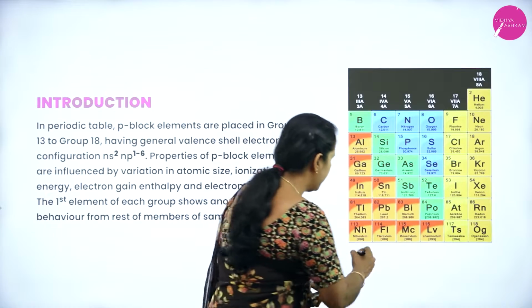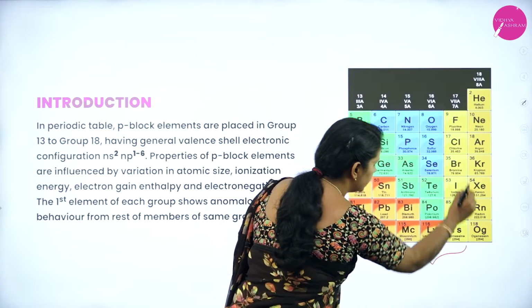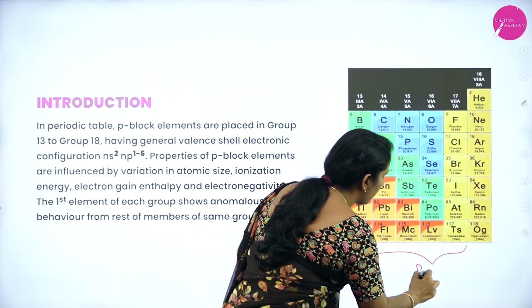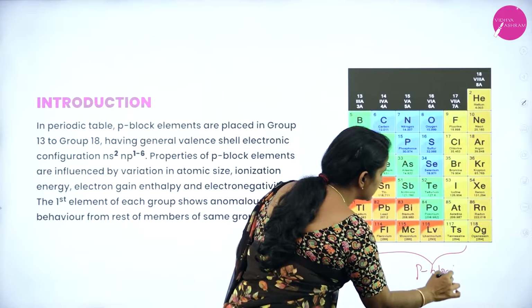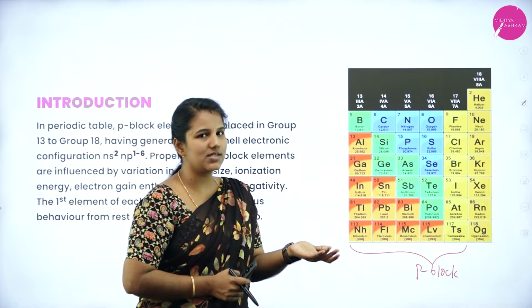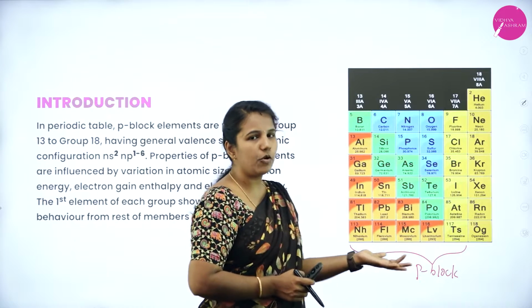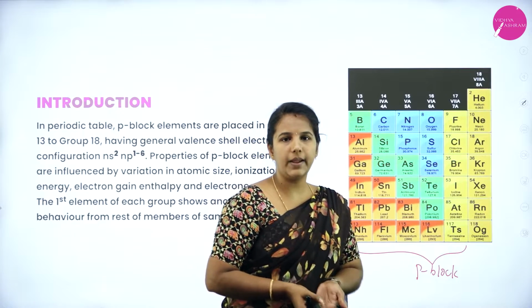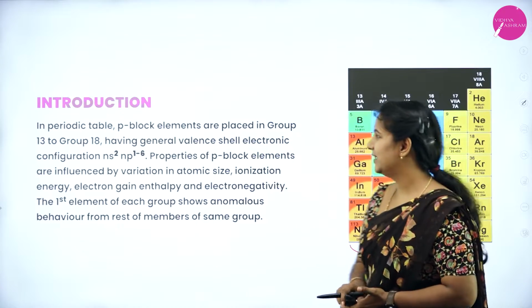Except group 18, because group 18 is what? Noble gases. Correct? Group 18 is the noble gases or inert gases, which do not actually come under the P-block, but we say them together as P-block elements.